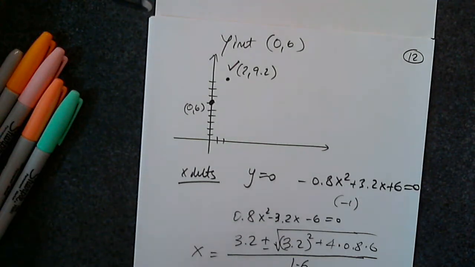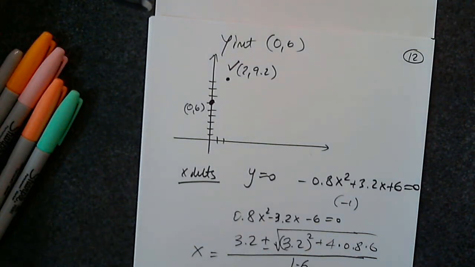So 3.2 squared plus 4 times 0.8 times 6, and divide by 1.6. So the first solution is 5.39 feet. But of course, the other one will be behind us, so it will be negative.